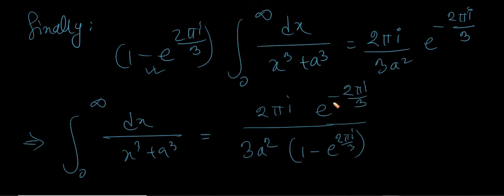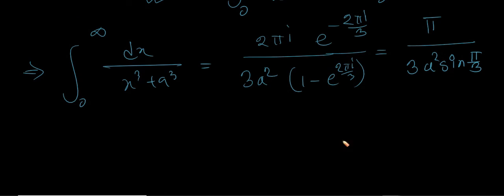Now you take this e to the power 2 pi I by 3 down, you multiply them, and you use the Euler's identity to simplify all these things, and you'll finally have the result in terms of real numbers, and there will be no imaginary parts. So this will just be pi divided by 3a square sine pi by 3, and if you use the numerical value of sine pi by 3, this will just be 2 pi by 3 root 3 a squared, and this is your answer.